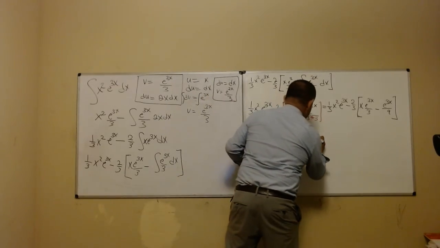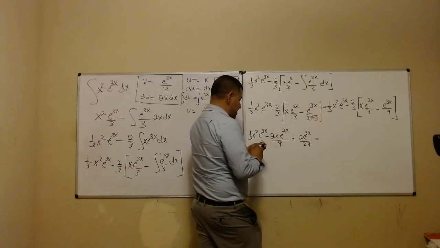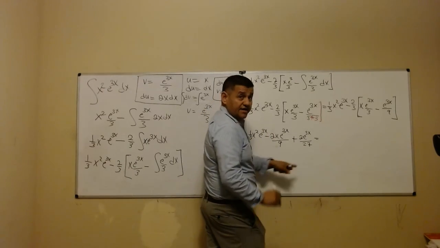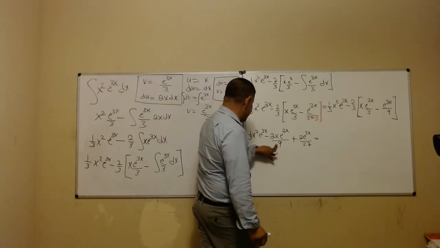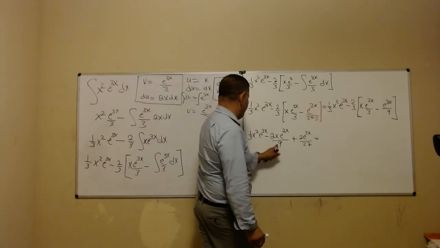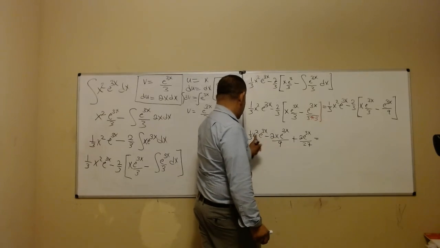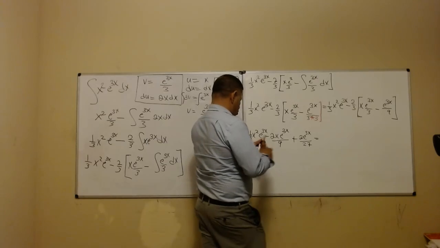So what we can do is the following. We can actually multiply this by the greatest common denominator, which is already here, 27. That is the greatest common denominator. So we can find the common denominator by multiplying this by 3 and this by 9, right? So we will do that.